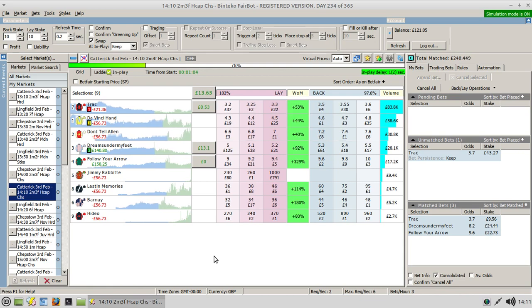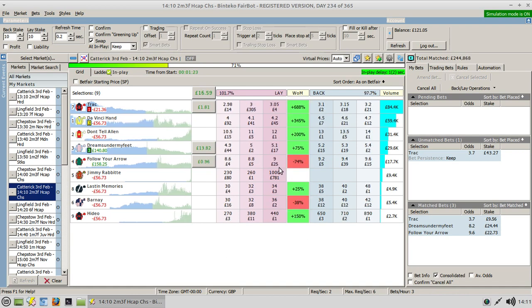But certainly at this particular stage, I'd be looking to get out, either manually or automatically. But this particular race gives you an idea of what to look for. You can see all 3 picks, in actual fact, are currently in profit, albeit just marginally. So that's something that you might want to look at.